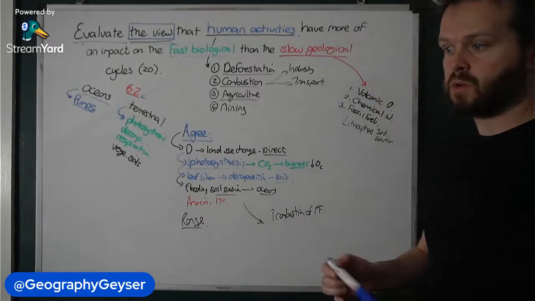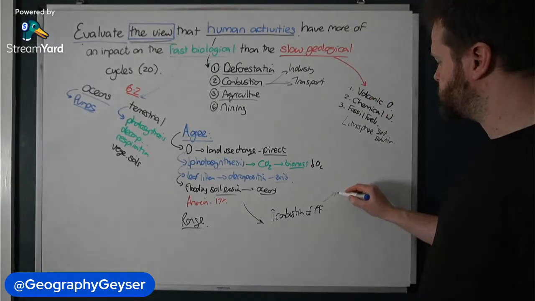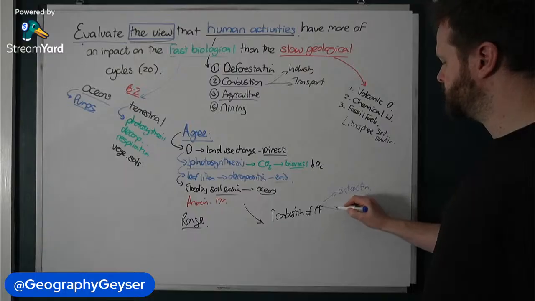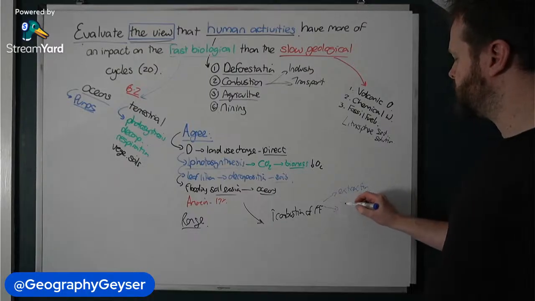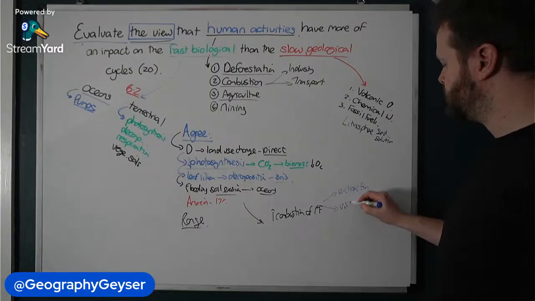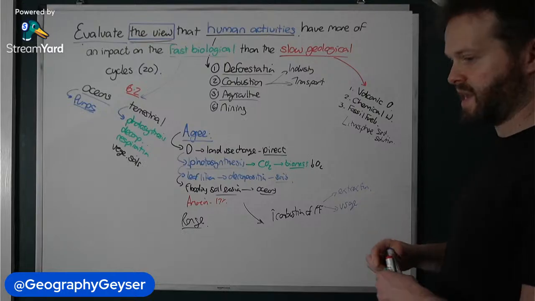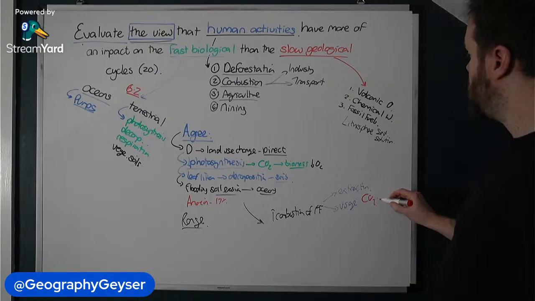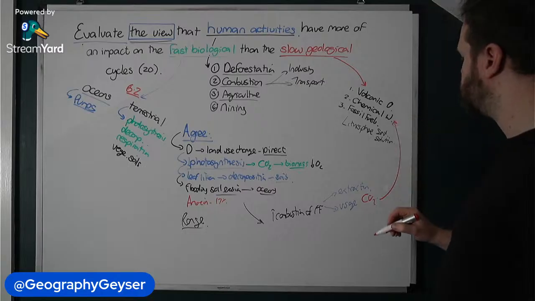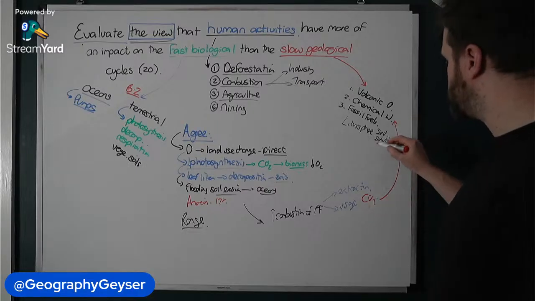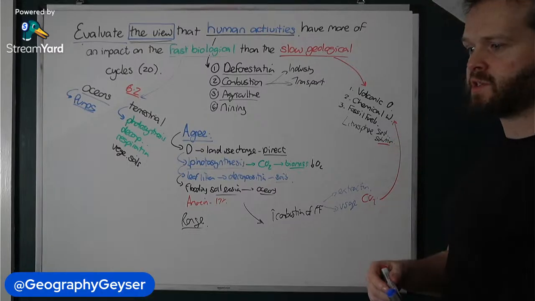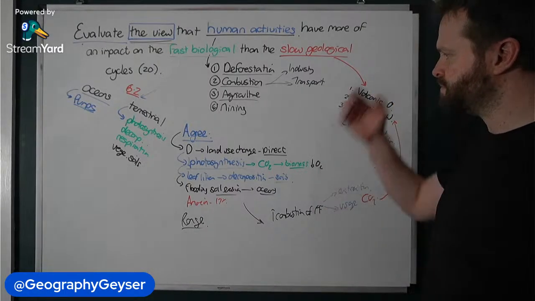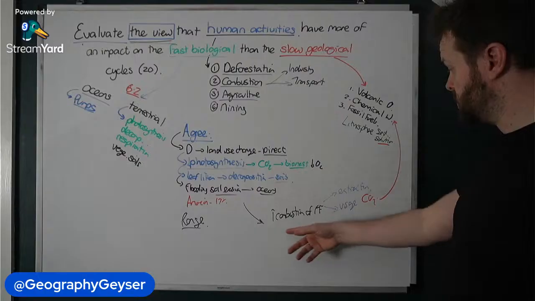So just from that extraction process and from that usage process, yes, that means that we've got more CO2 in the atmosphere, which impacts on chemical weathering, which impacts on solution, and impacts on the amount of carbonates in the oceans. Okay, so that's it, isn't it?